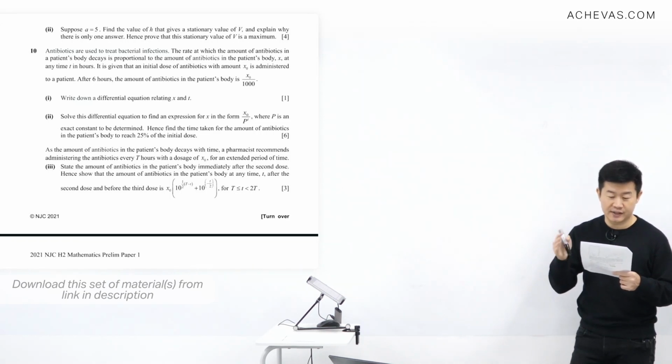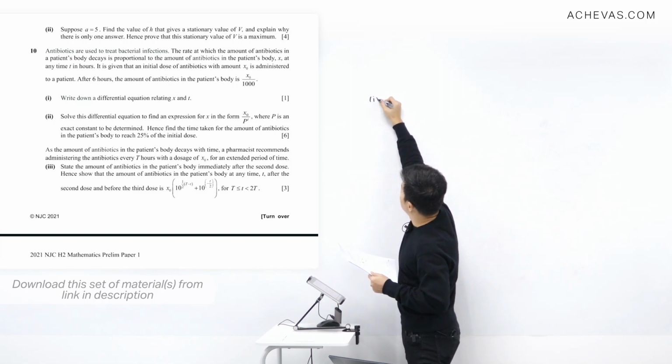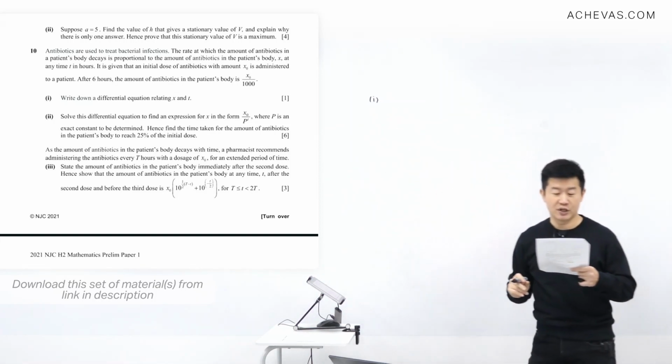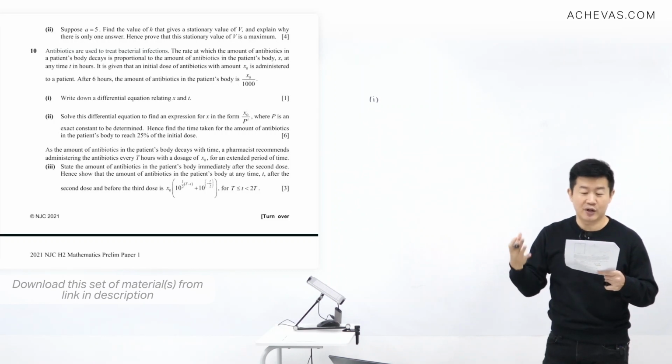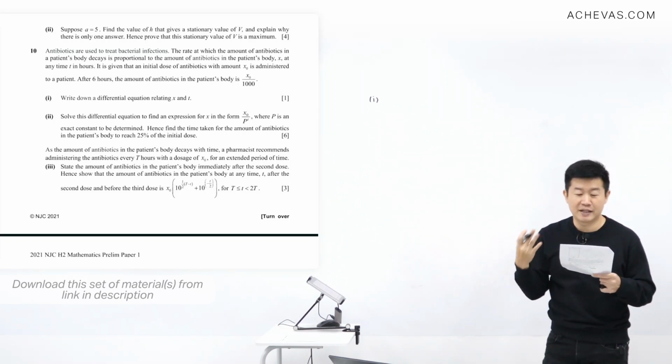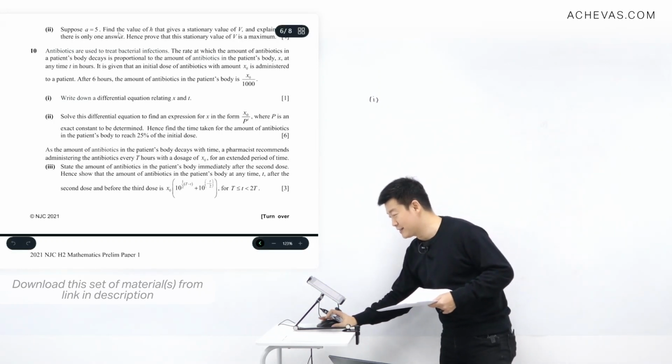T is in hours. So based on this, we can start to write down the differential equation that is meant to capture the rate of change of x, the rate of change of the amount of antibiotics that is in a patient's body.